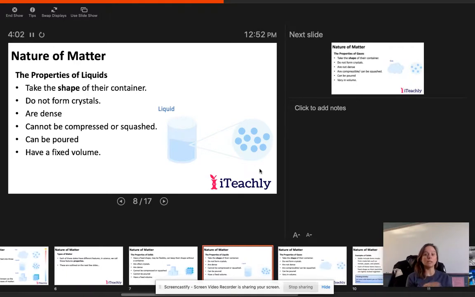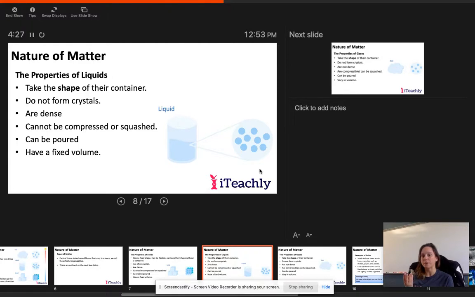Liquids take the shape of the container. They do have a density, but again, depending on the type of liquid, is going to be dependent on the type of density. These are going to have a specific volume, but the shape of the volume is going to be based on the shape of the container.